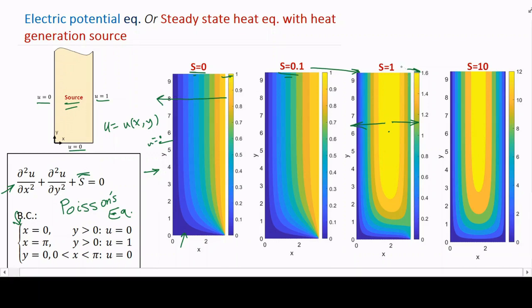If you keep increasing the source term to even larger levels, for example s equals 10, then you can see that the maximum temperature within your material can become even larger, and can reach something like 12, which is much larger than the u equals 1 that you impose on the right hand side.